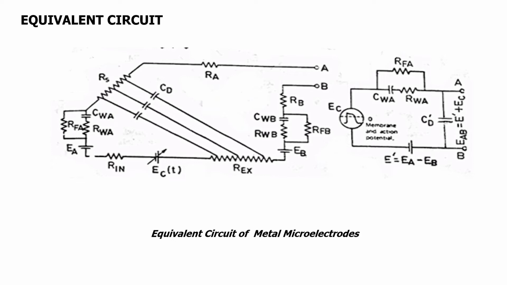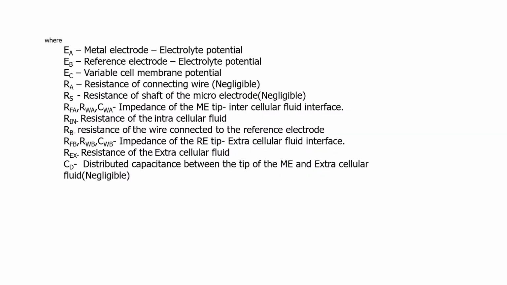Consider the microelectrode to be a coaxial cylindrical capacitor. We will see the descriptions involved here. EA and EB are two electrodes with an electrolyte potential. A is a metal electrode and EB is a reference electrode. So these are all the descriptions of the equivalent circuit of the metal microelectrode.